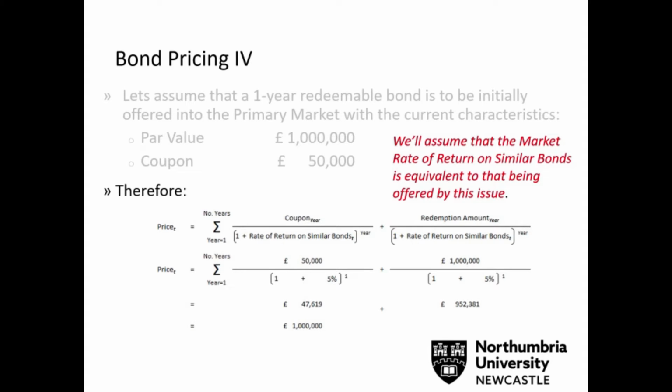So that was saying that today the price of the bond to buy today would be £1 million, and then in a year's time you'd receive back 1 million plus the 50,000.